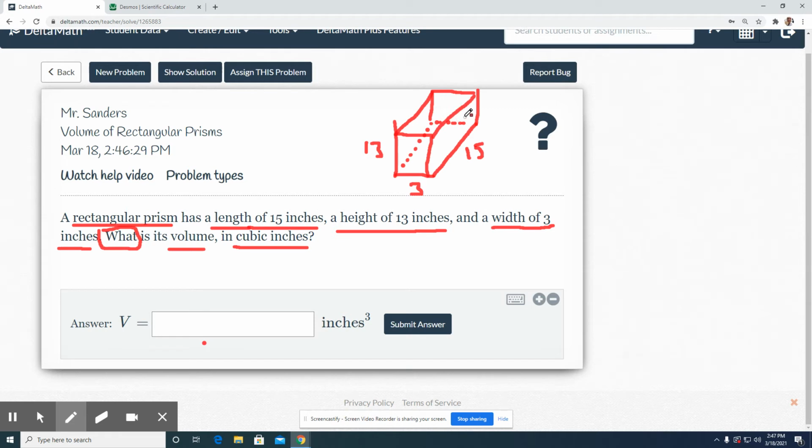And I would encourage you to try to practice drawing these rectangular prisms. So when it comes to geometry, drawing the shape is part of it. And even though, you know, mine's looking a little bit wonky, just do your best.